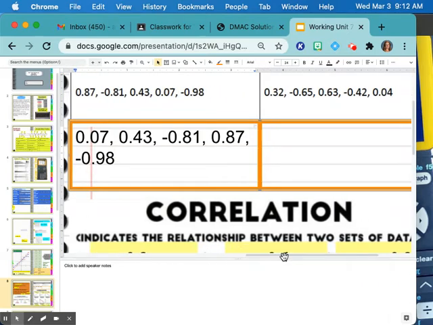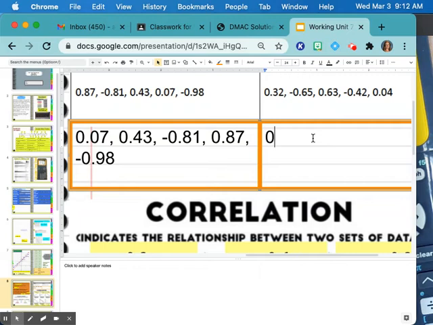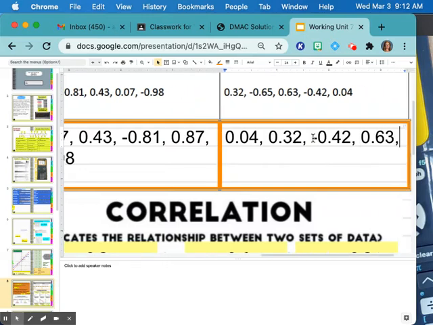Okay, do the next one. Put them in order from weakest to strongest. Okay, y'all check mine with yours.